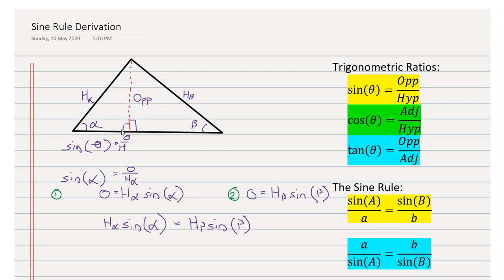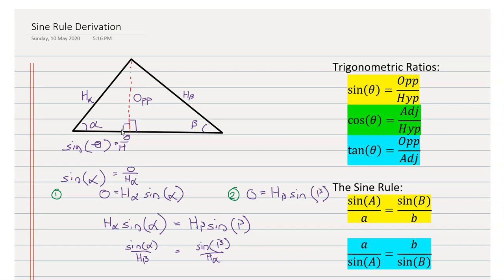Then rearranging, what we're going to get is the sine of alpha over the hypotenuse of beta equals the sine of beta over the hypotenuse of alpha.